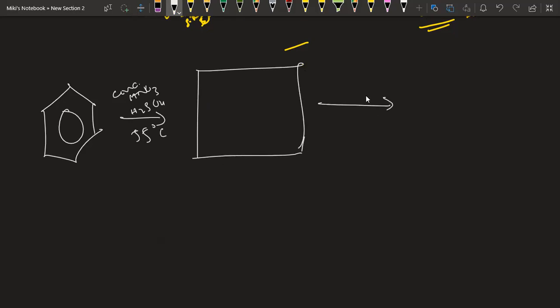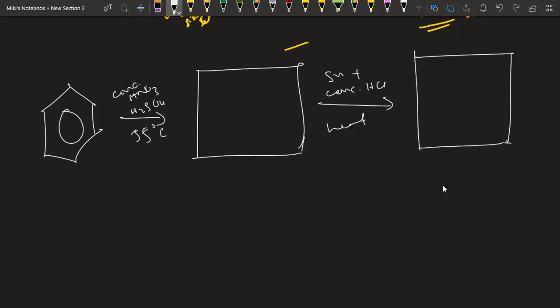On that product, when we add Sn plus concentrated HCl and some heat, we should get a product here. From there, when we add, let's say, Cl2 with FeCl3 anhydrous, we should get this product, okay?